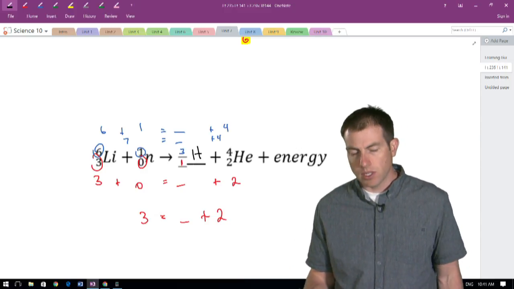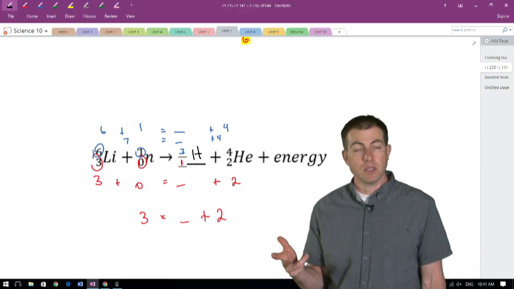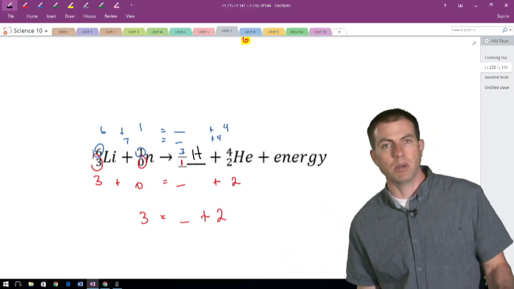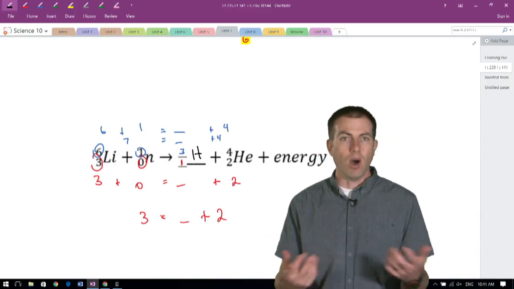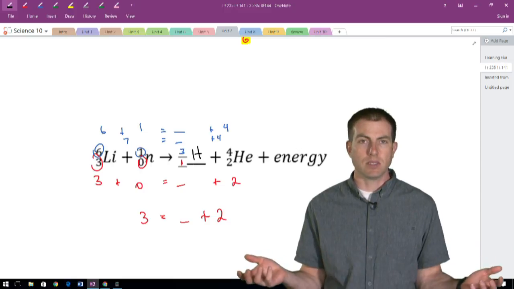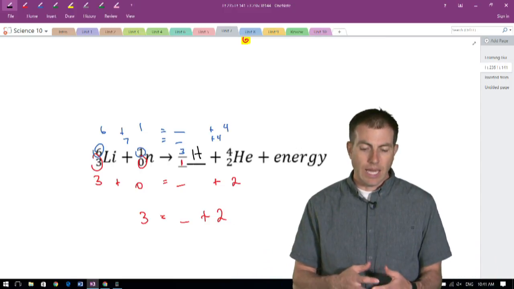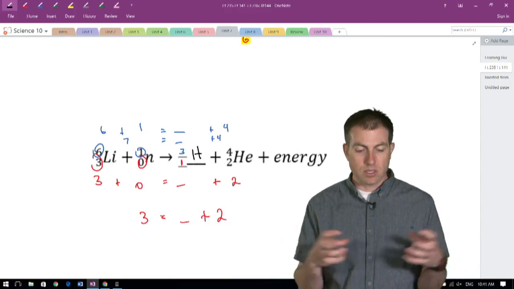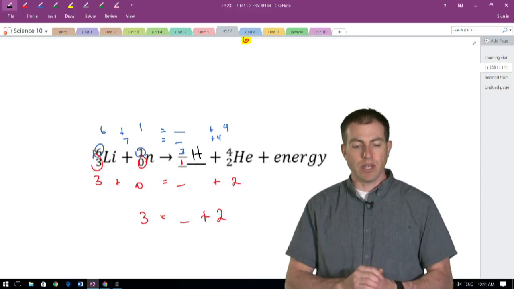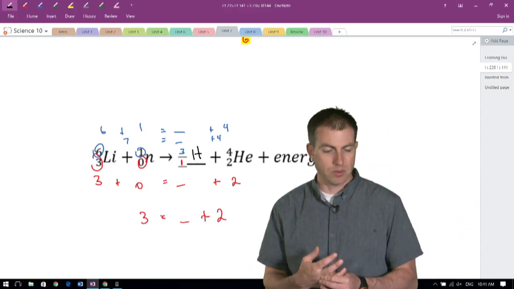This is why fusion is really amazing, because we can take small elements that we have lots of. Hydrogen's the most abundant element in the universe. Water, H2O. The oceans on our planet have basically limitless hydrogen. And if we can take those hydrogens and stick them together to create helium, we could have enough energy to power the world for billions of years.